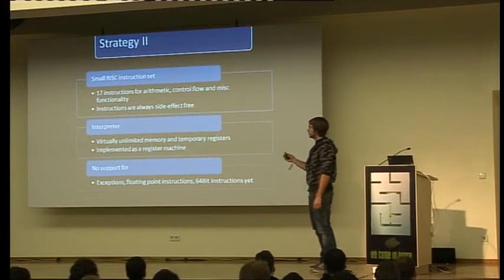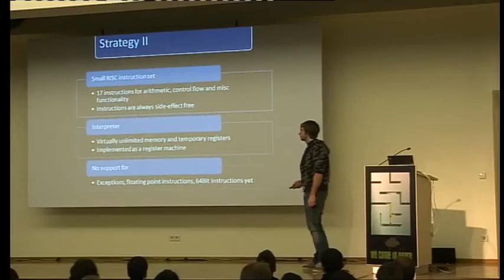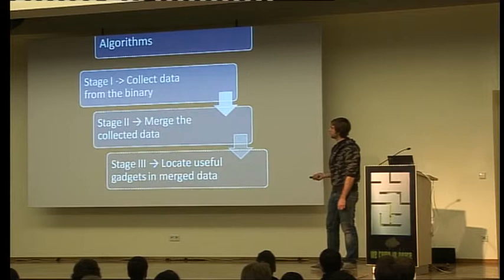We have an interpreter for RYAL, which has virtually unlimited memory and temporary registers, and is implemented as a register machine to better reflect the architectures that we want to take a look at, rather than a stack machine. What we do not have support for yet is exceptions, floating point instructions, and 64-bit instructions. But this does not really matter to us.